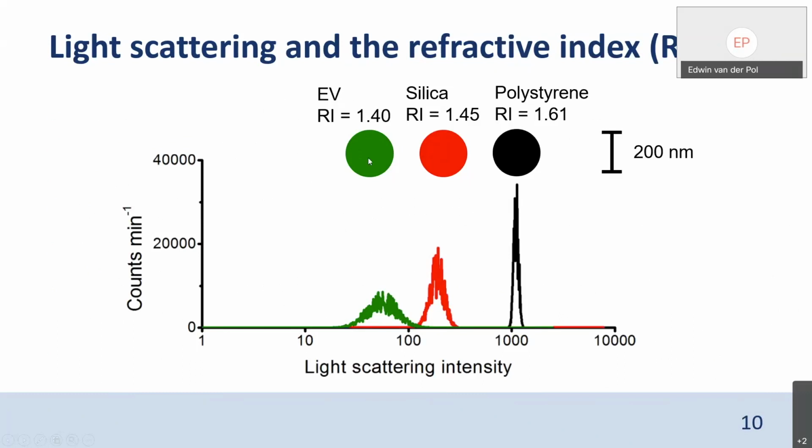You can see there 3 particles of 200 nanometers. The first is an EV with a refractive index of 1.40, a silica bead with a refractive index of 1.45, and a polystyrene bead with a refractive index of 1.61. And as you can see, the measured light scattering intensity differs substantially.